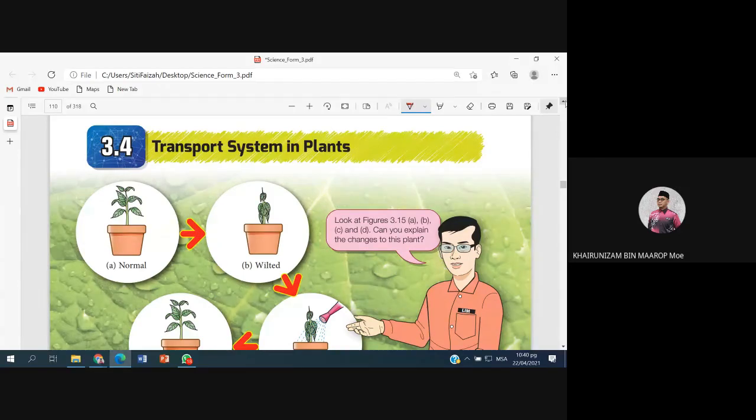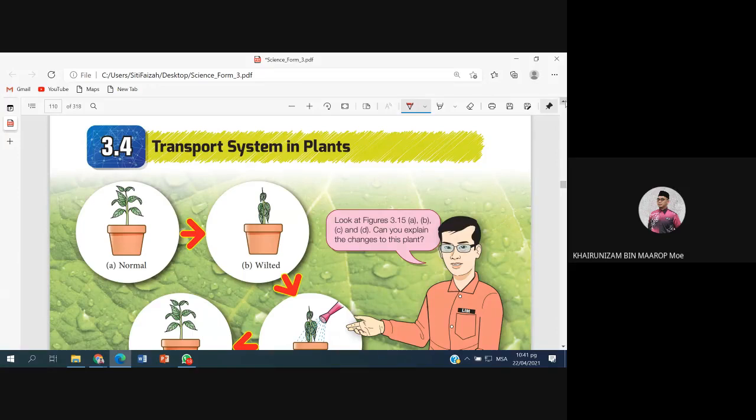So, transport system in plants. Just like humans and animals, plants also have a transport system to transport their essential materials. So the essential materials such as what? Water. Okay, water and mineral salt.